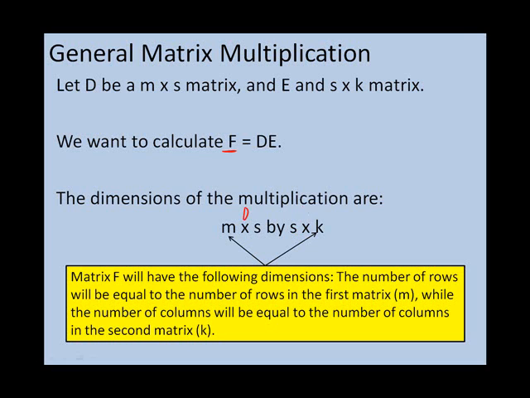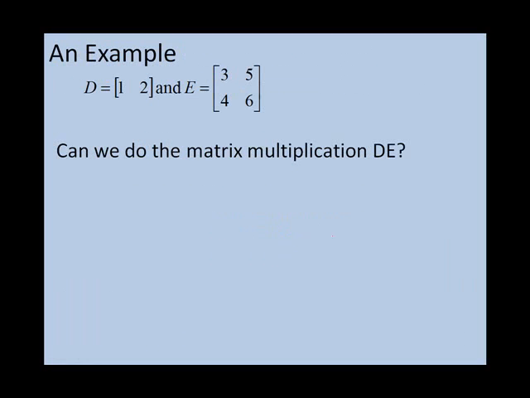Here we have matrix D and matrix E, and we know that we can do the multiplication because the number of columns in matrix D is equal to the number of rows in matrix E. But what's really neat is that we also know the dimensions of F. The dimensions of F will be given by the number of rows in matrix D and the number of columns in matrix E. Now let's work through a slightly more complicated example.